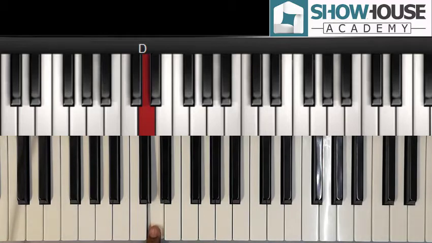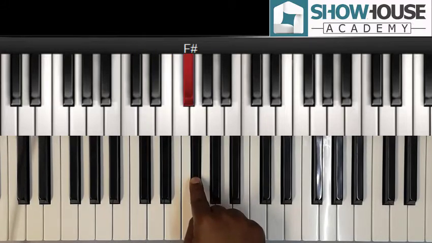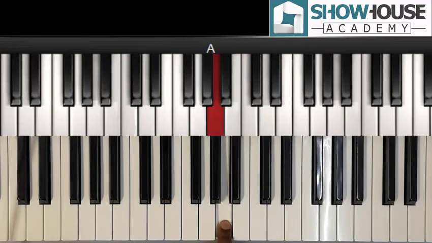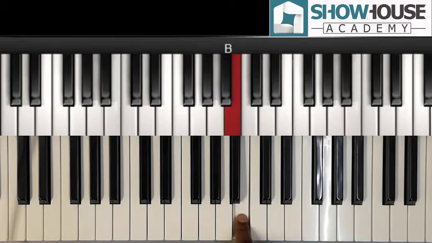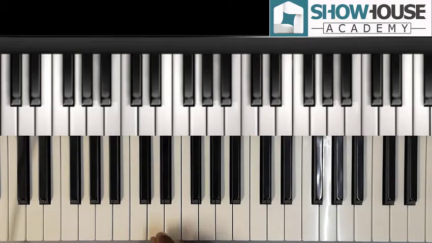So we start here, starting from D to D. We are just establishing our home key.